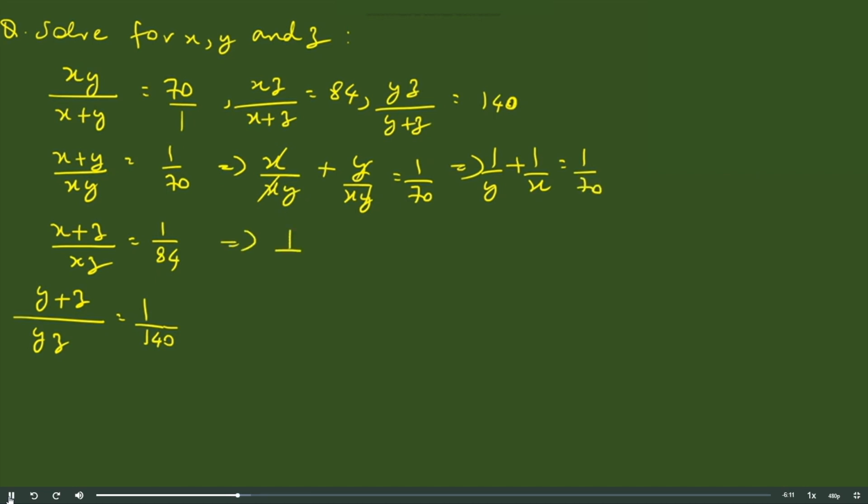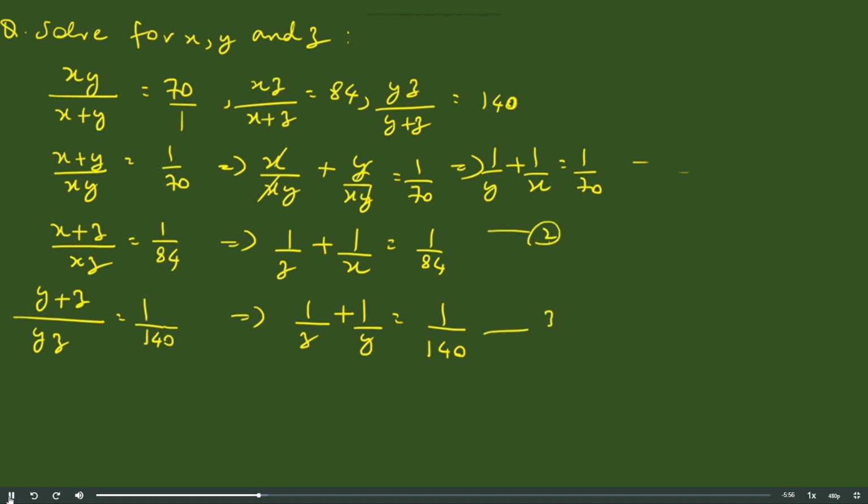Similarly, 1 by z plus 1 by x is 1 by 84 and 1 by z plus 1 by y equals 1 by 140. You can number these equations as 1, 2 and 3. Okay, we have got 3 equations now in the 3 variables x, y and z.